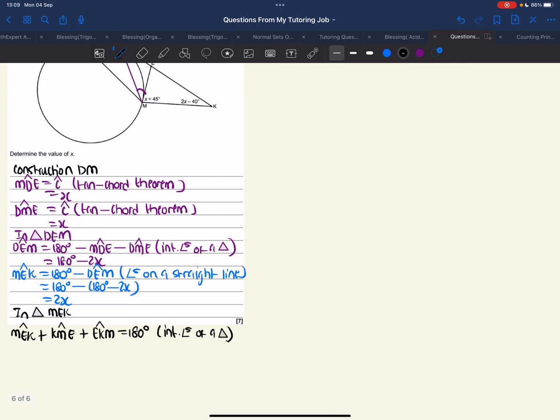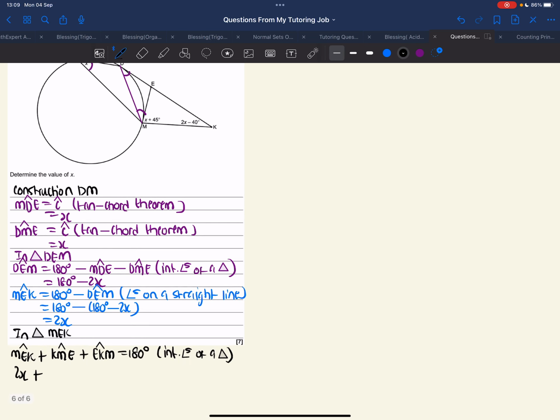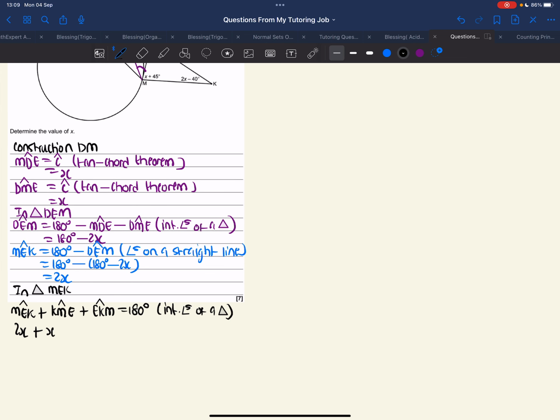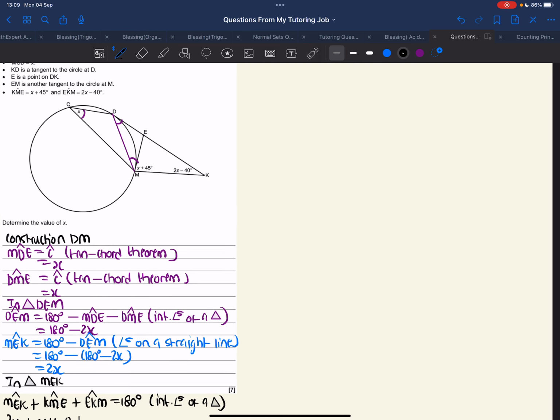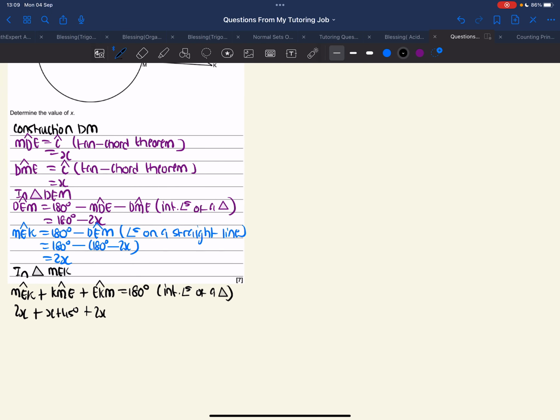Remember MEK, we just found it to be 2x. Then plus KME, which is given as x plus 45 degrees, and then EKM is given as 2x minus 40 degrees, and all of that should be equal to 180.